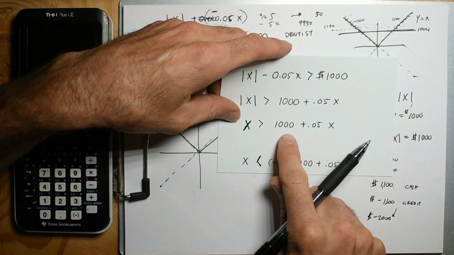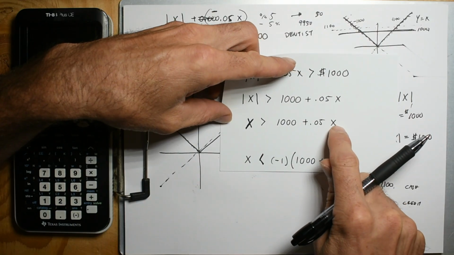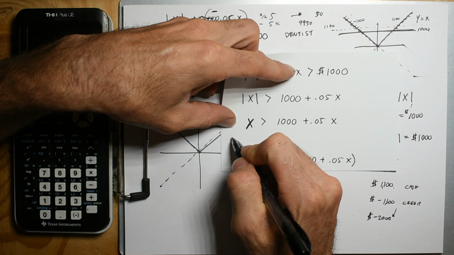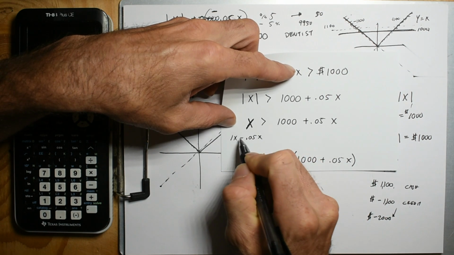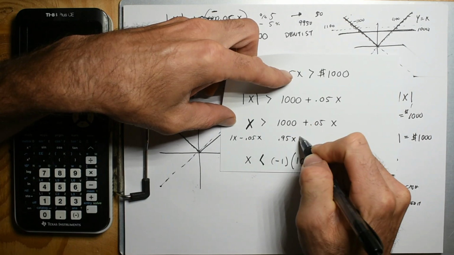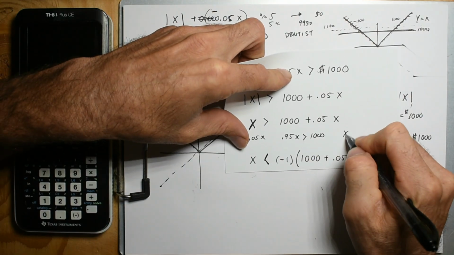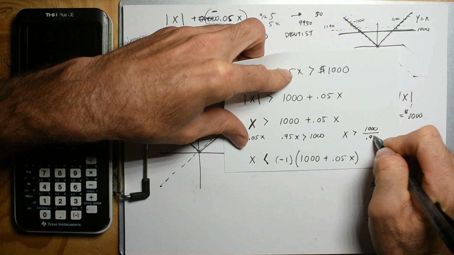Well, no, that's not true. No, this works, because I can now subtract, I can get this to the other side, which is now 1x minus 0.05x. So I'm just going to say that's 0.95x is greater than 1,000. And if I solve for x, x is greater than 1,000 divided by 0.95.